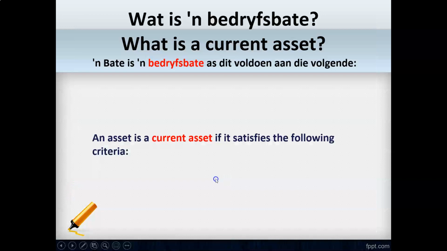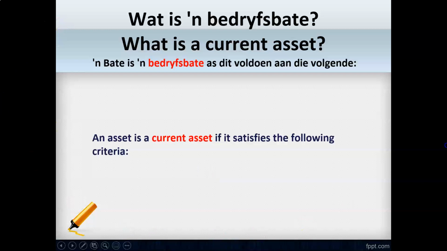Now, it is very important that you can distinguish between a non-current asset and a current asset. Now, when we've done the conceptual framework, we have done the definition and recognition criteria of an asset. Now, I can expand that question and I can ask you, number one, define whether it's a current asset or what is the element.